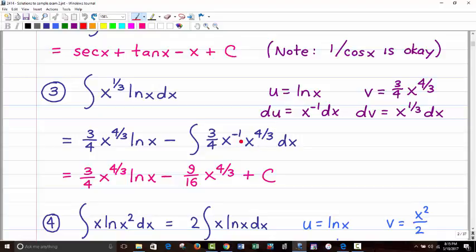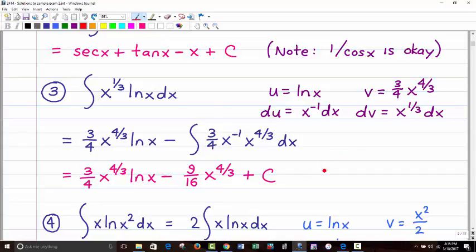Kind of skipped a step here. Well, I'll explain what I skipped. You combine those two x's together, that's going to give you x to the 1/3. So then when you do the power rule, well, here it is again, right here, x to the 1/3. So you see what that's going to be. The antiderivative of x to the 1/3 is going to be 3/4 x to the 4/3. So we have a 3/4 here.